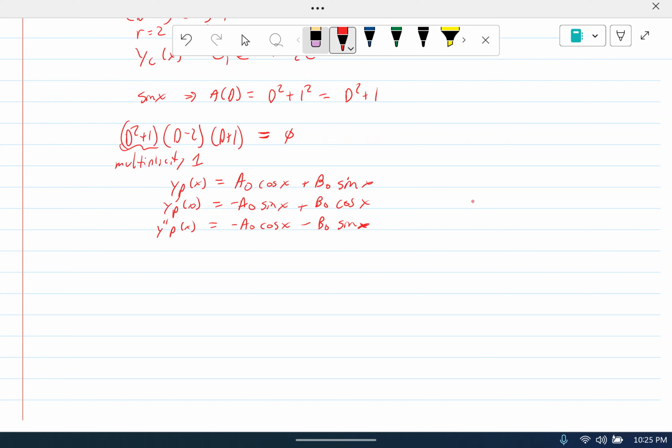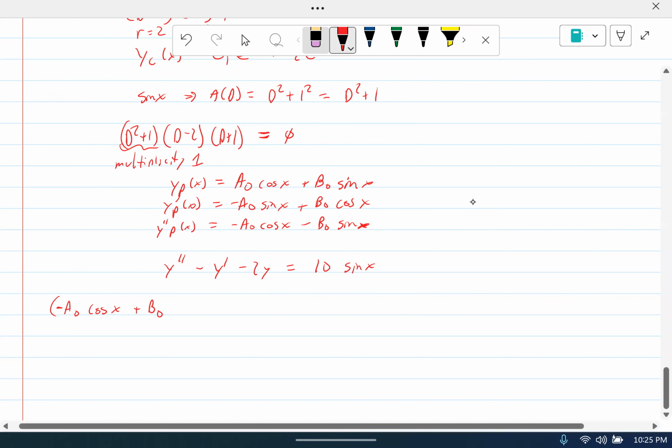Okay, so let's plug this into our original differential equation, y double prime minus y prime minus 2y equals 10 sine x. For y double prime, this is negative a naught cosine x minus b naught sine x.